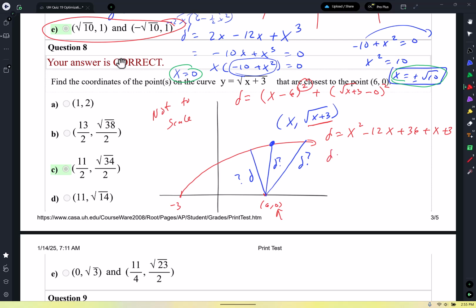Yeah, I know. It's cumbersome. It's a lot of algebra. X squared minus 11x plus 39. Let me know if I make mistakes, because I make mistakes all the time. All right, I'm just going to take a derivative and set it equal to 0.